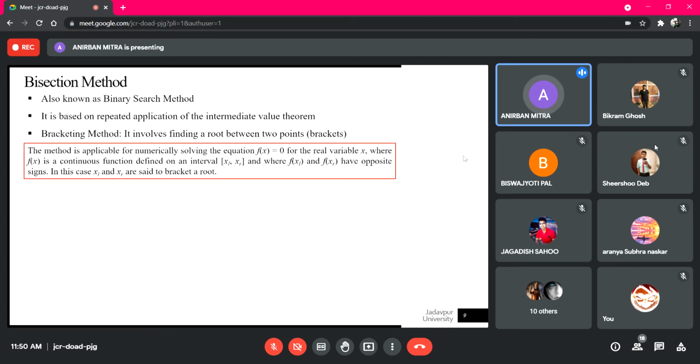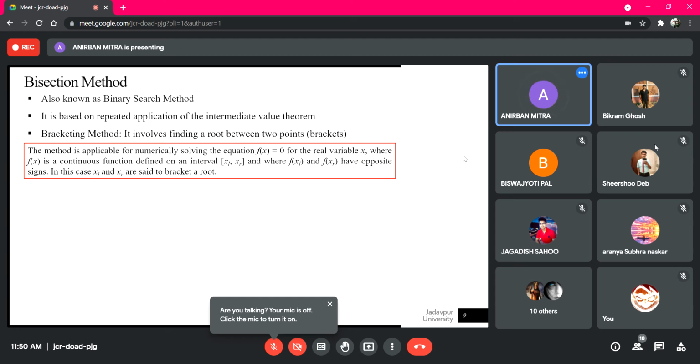In a concise form, this is what the bisection method does. This method is applicable for numerically solving equations fx equal to 0, where fx is a real, nonlinear, continuous function. It has to be continuous within that interval xl and xr. It has to be real valued.